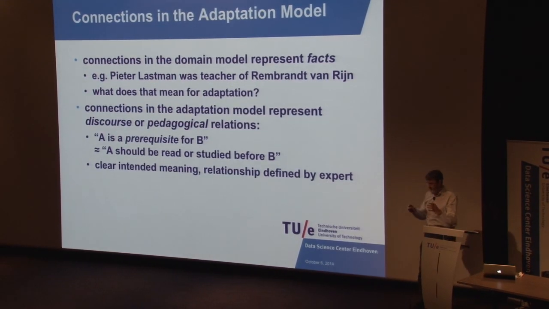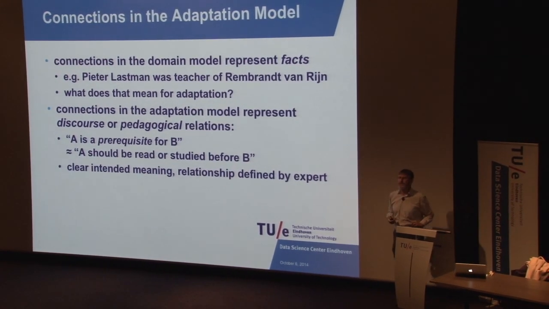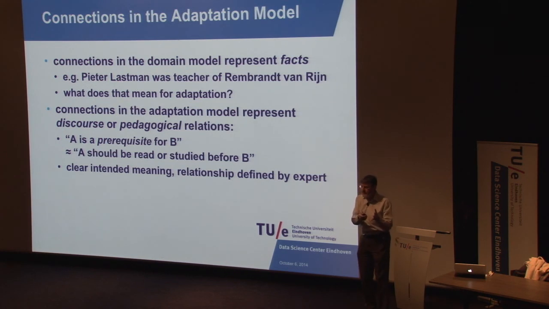For instance, to say A is a prerequisite for B. To say you should study A before you are ready to start studying B. And this is often defined by an expert. An expert says, well, if we're teaching math to small children, they must first learn about addition before they learn about subtraction. Makes sense? Probably to everyone here.